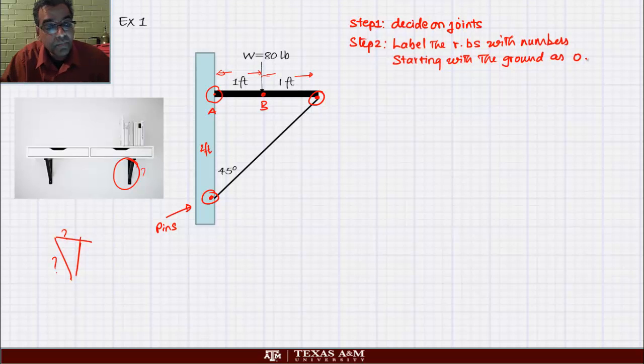This is quite important. So many times we forget about the ground. So I always want to make sure that we have it. So this is 0. This is rigid body number 1. This is rigid body number 2. Okay. Then step 3.